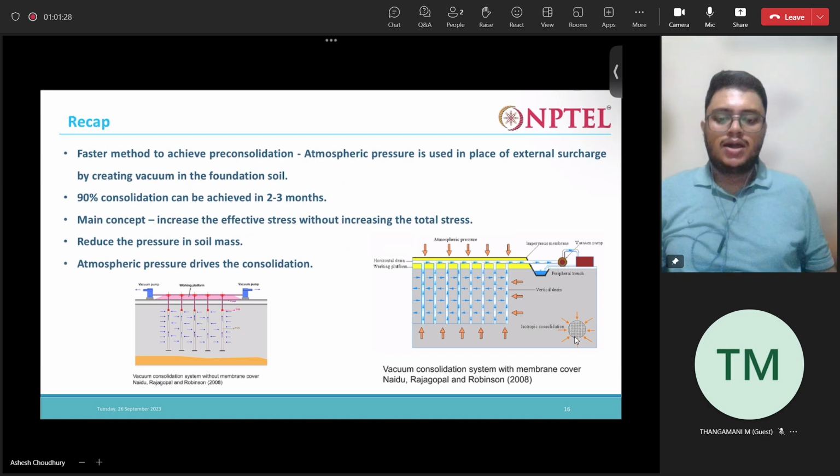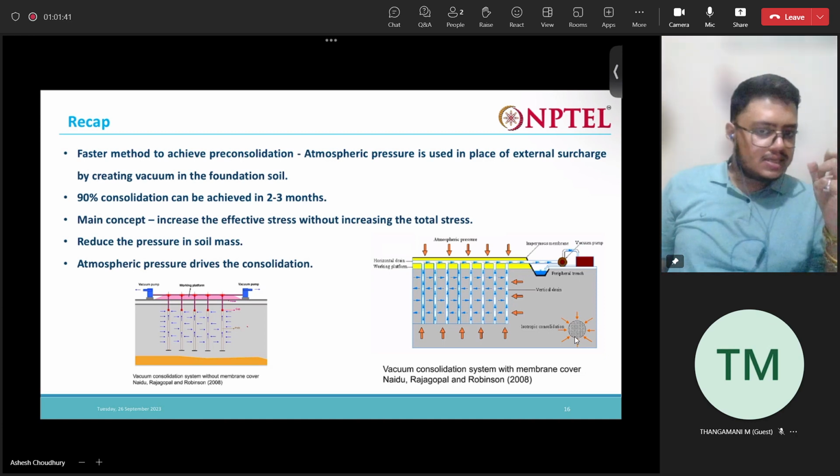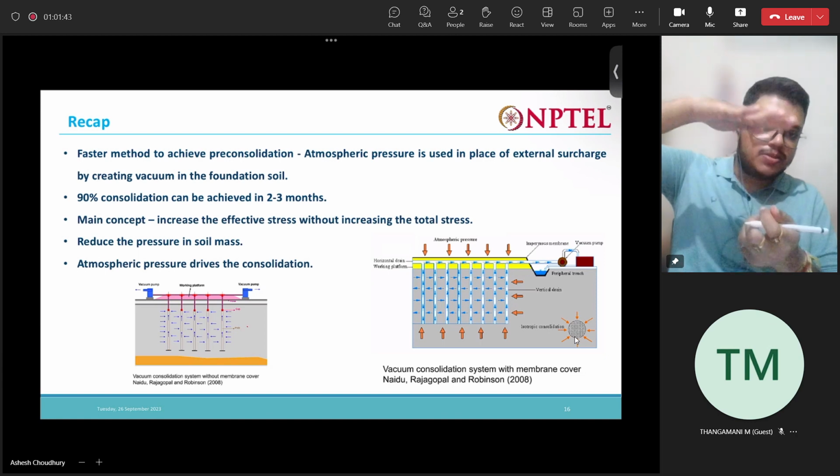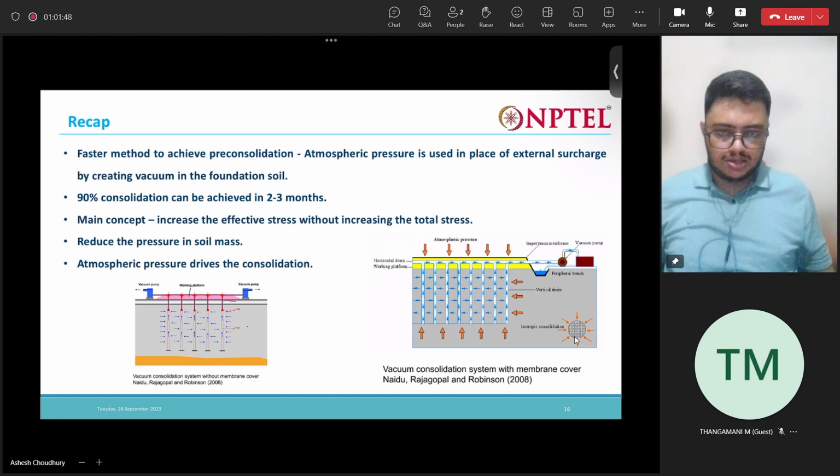Okay, vacuum pressure. So what is done is that some vacuum pressure is applied at the top. So in the soil mass, pressure becomes less than atmospheric. The atmospheric pressure is acting upward, so that creates this effective stress in the soil.